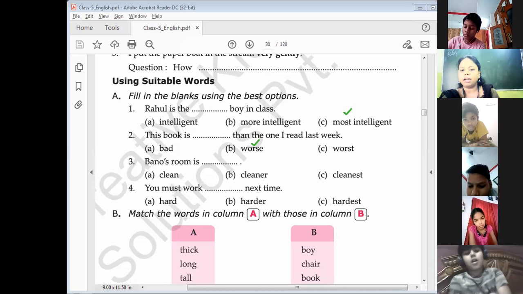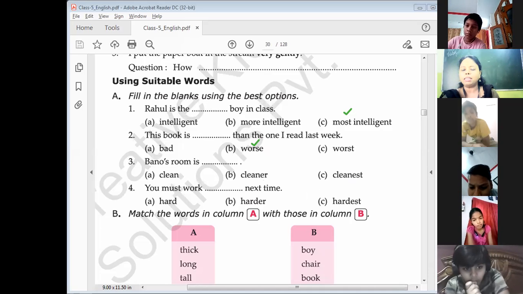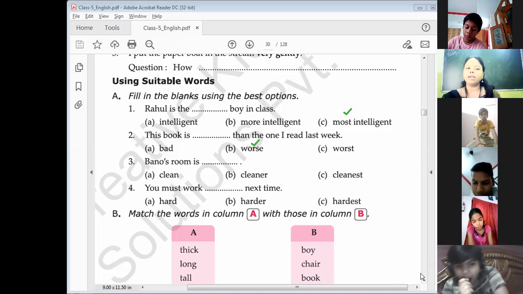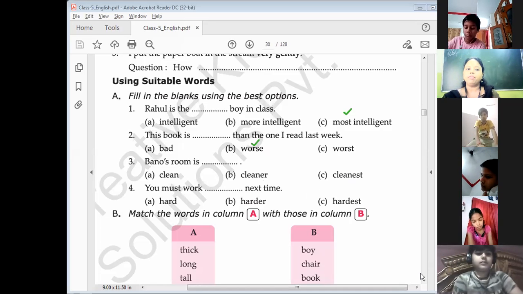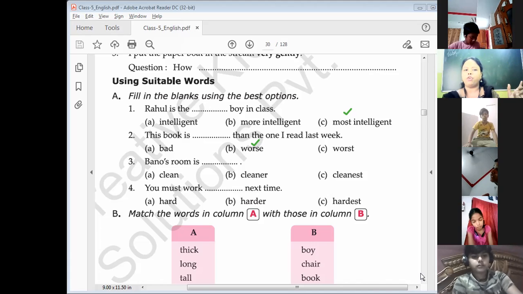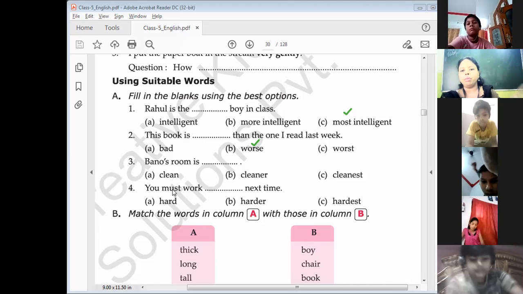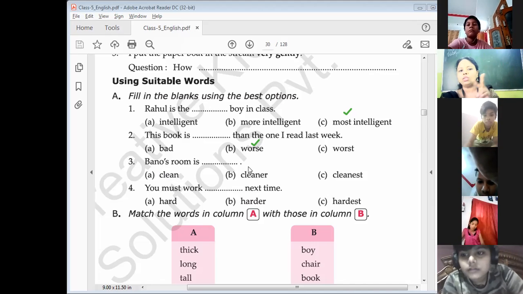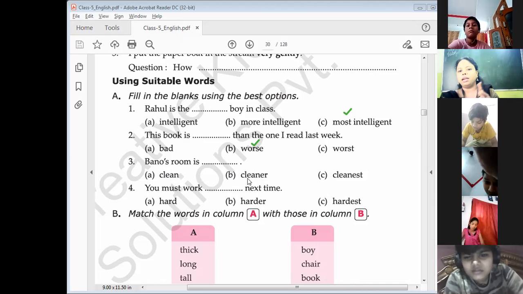अभी मैंने बताया that whenever we are talking about a normal sentence, Banno's room is dash. अगर ये एक normal sentence है, तो first form लगेगा. You can see here, this is the first. If comparing between two, then we have to use another degree, which is cleaner.